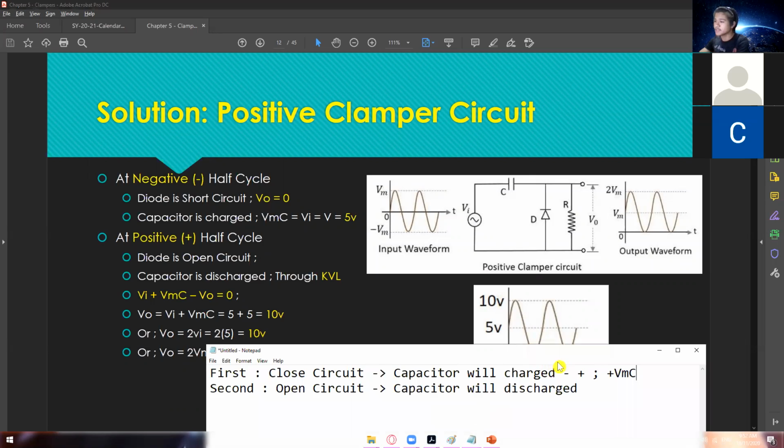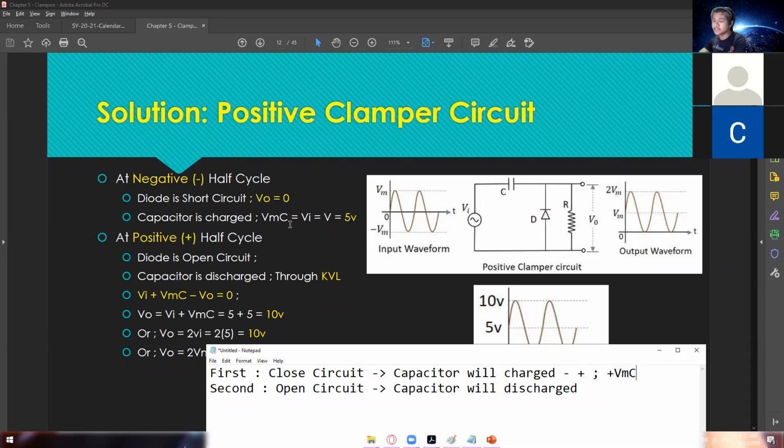So it is negatively charged, and then it will be discharged positively. As a result, we have a positive VMC, which is positive 5 volts.